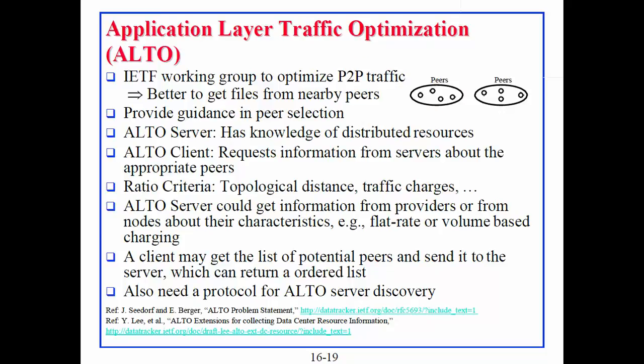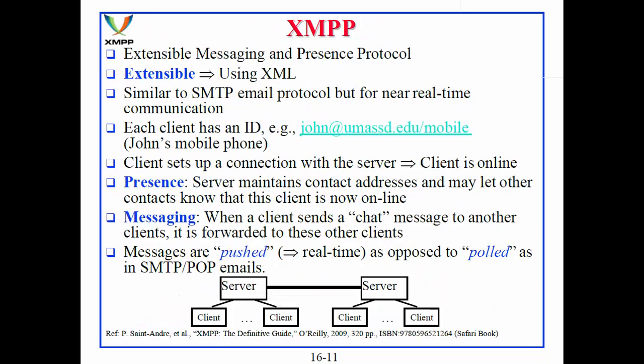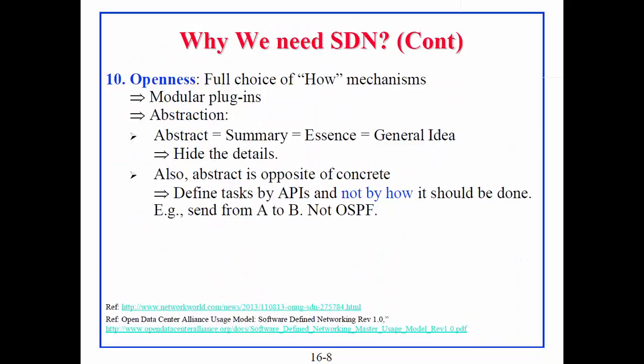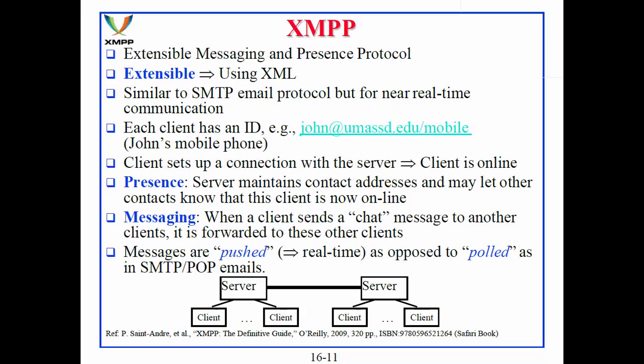Another type of API that is used is the Application Layer Traffic Optimization, ALTO. As we mentioned way back, this is basically a northbound API.